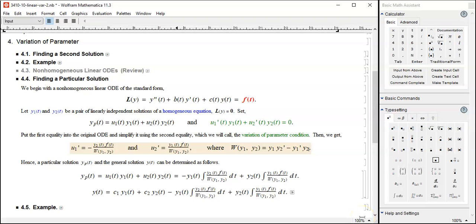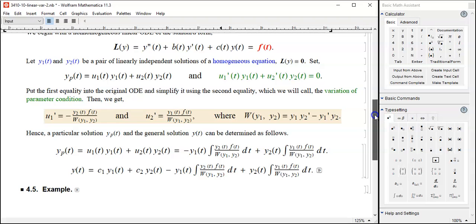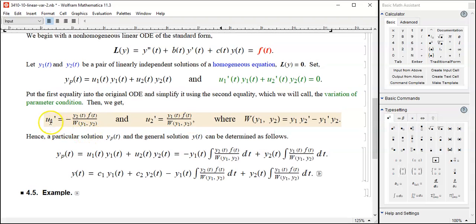Let's expand the font a little bit because there are too many fractions here. So u1 prime is negative y2 f over the Wronskian. u2 prime is y1 f over the Wronskian, and the Wronskian determinant is y1 y2 prime minus y1 prime y2, or equivalently y2 y1 prime.